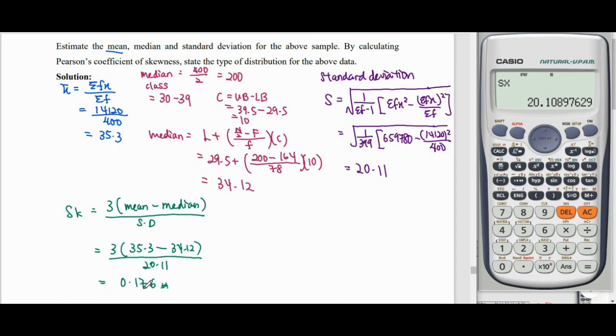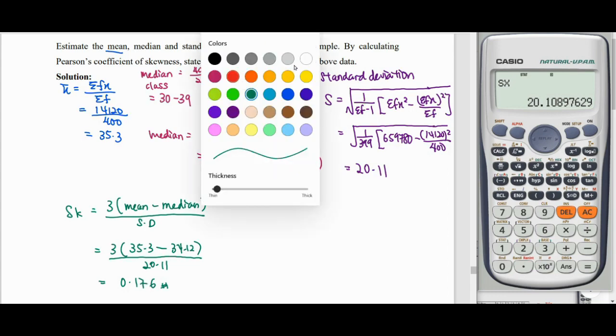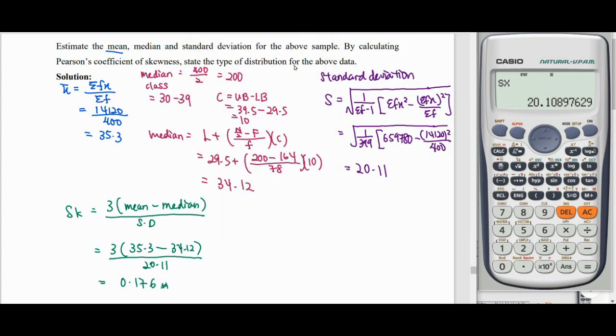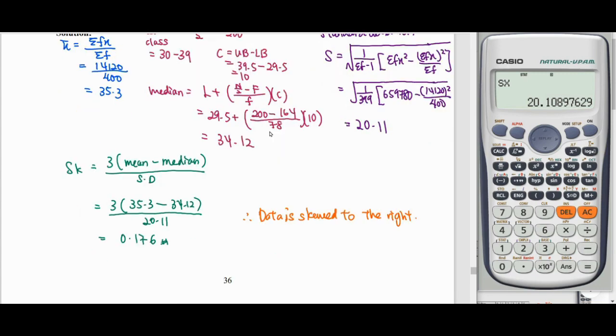So look at the result that we get here, and we conclude what type of distribution it is. So finally, we can state that this is a positive value. So this data is skewed to the right. In other words, we can say this data is positively skewed.